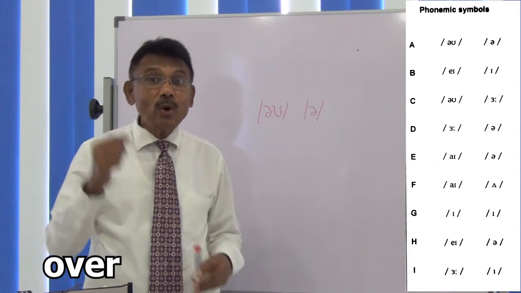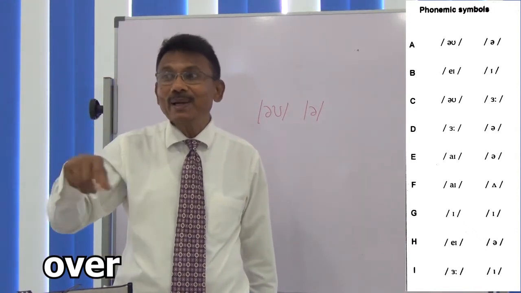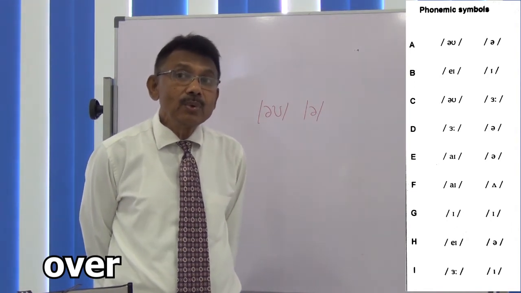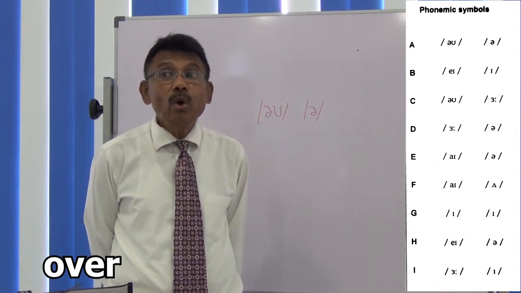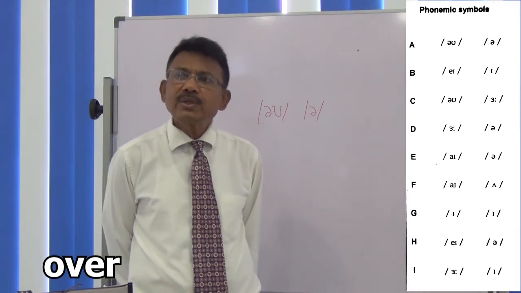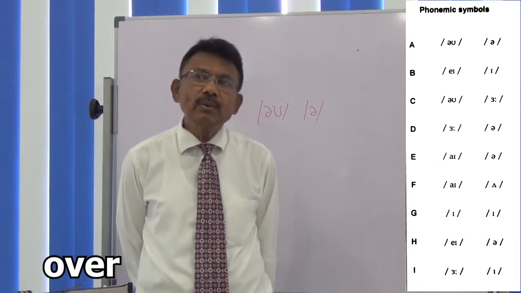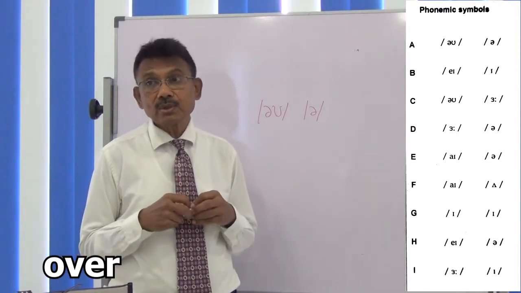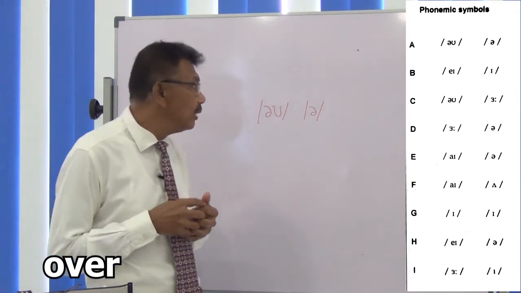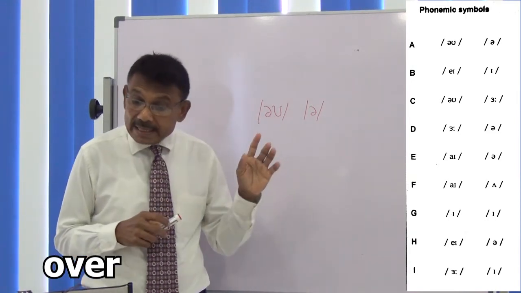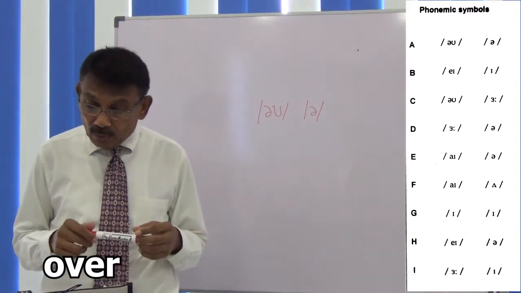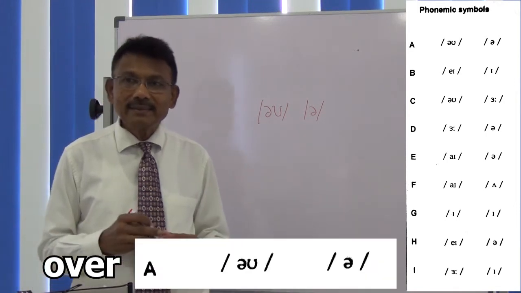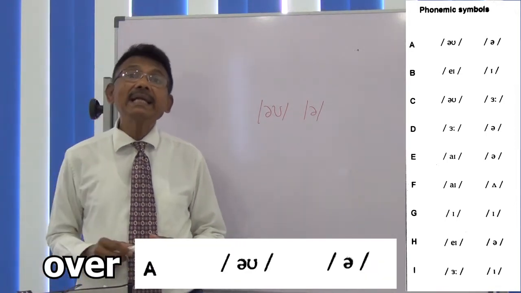But if you have the wrong pronunciation in your mind, it is difficult for you to find it. Many people say it wrongly, O-N, that's wrong. This is over. So listen to more English and listen to good English so that you will be able to learn this. This is the correct one. So where is it? Let's see. At the very beginning. A is the correct answer.